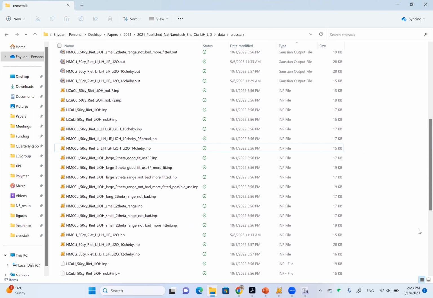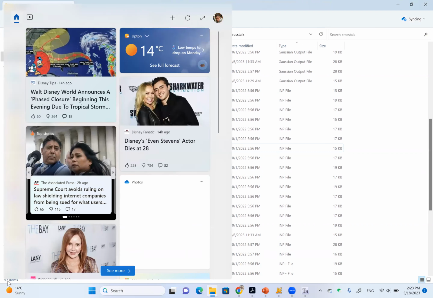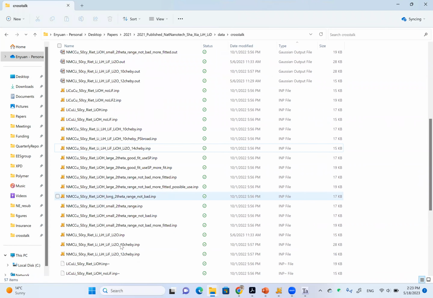But this folder contains 57 items, and about 20 input files. Why is that? Because you need to be careful about each step. It's not like refining MC, where you just throw in the last parameters and just let it go, and 99% of the time you get a refinement.